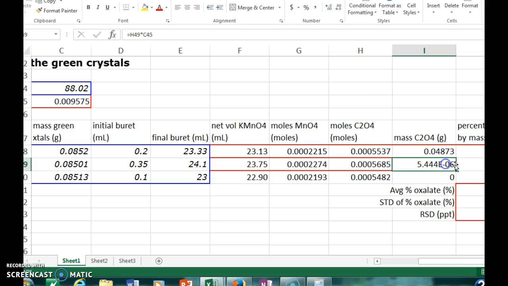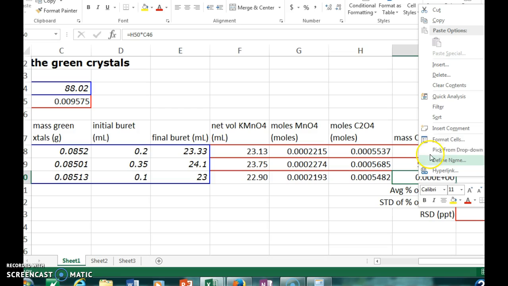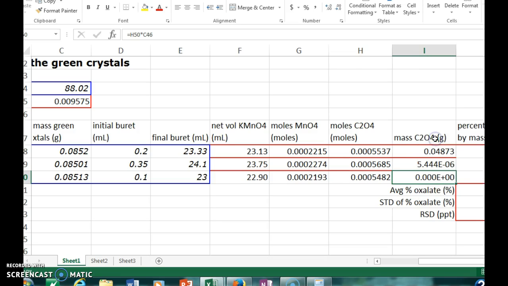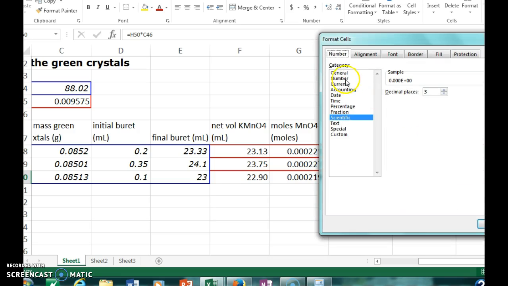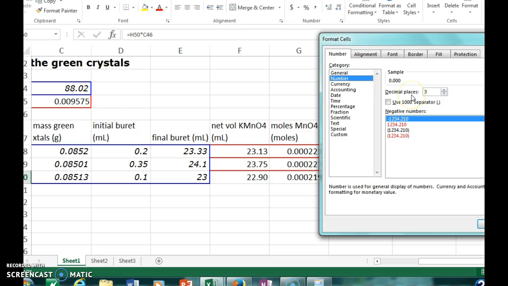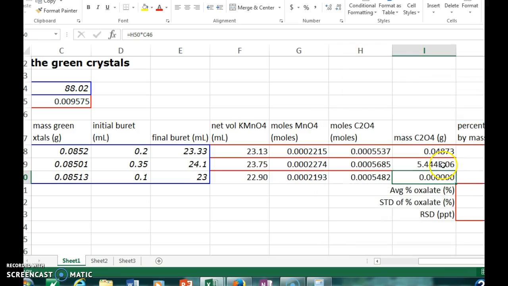I'm not sure why this one is not doing anything. Okay, so when this happens, what it means is that the number is smaller than Excel wants to recognize. So I'm going to right-click, go to Format Cells, go up to Number, see if that works. Why did that not do anything?